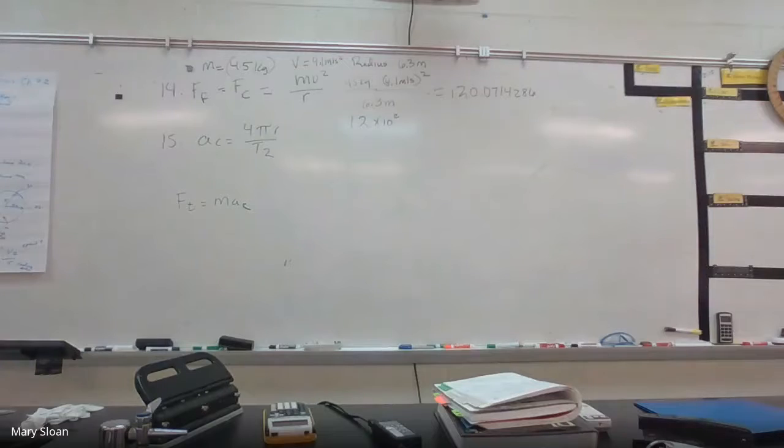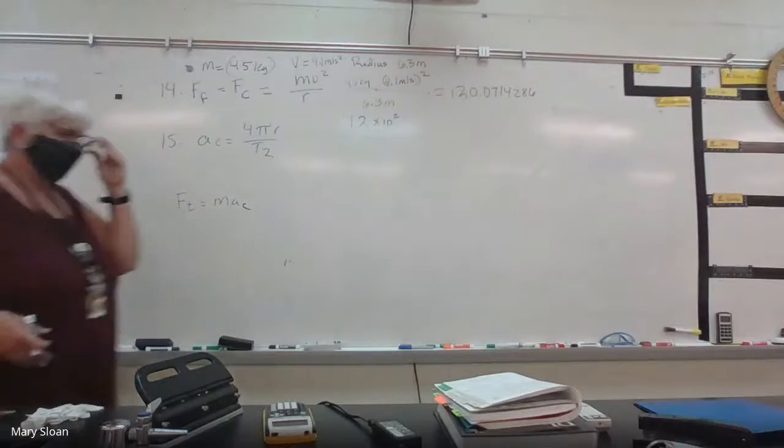A 16-gram ball at the end of a 1.4 meter string is swung in a horizontal circle. It revolves once every 1.09 seconds. What is the magnitude of the string tension?